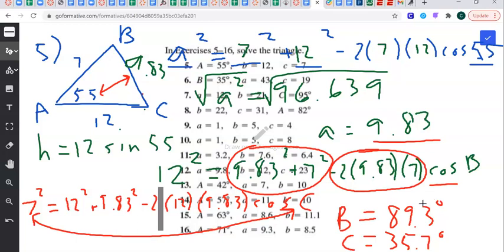Right. But once we get that, then we have all three sides, and then we can go after angle B or C. Okay. Does that help? Yeah. Those are really the only types of questions; all the rest of them should be just like one of those.